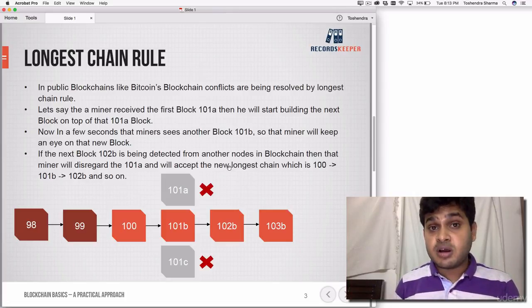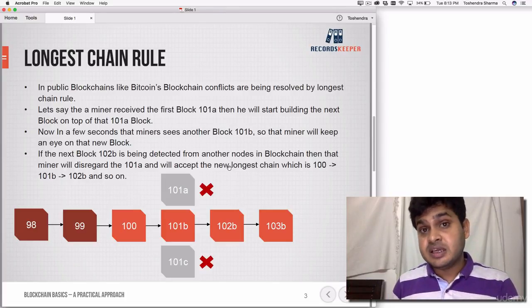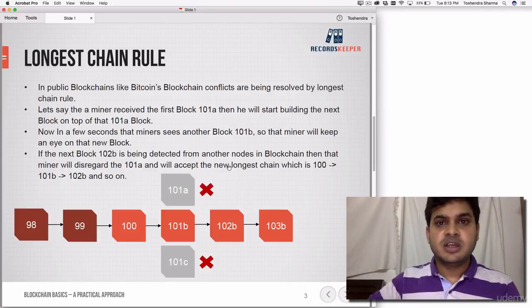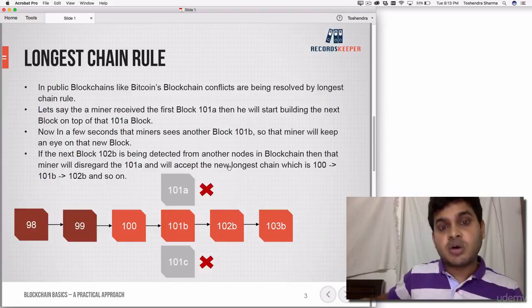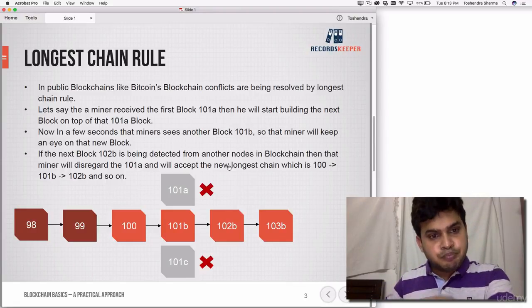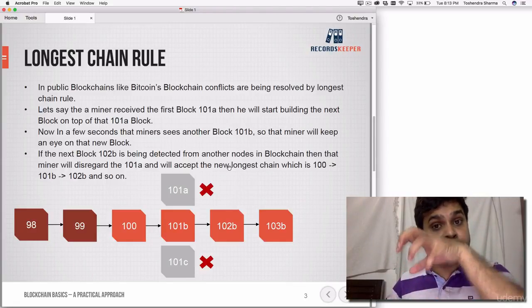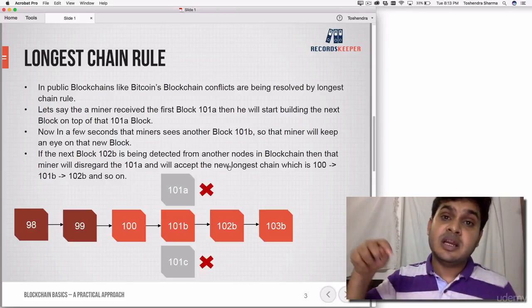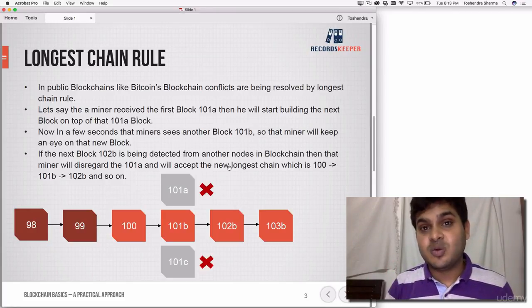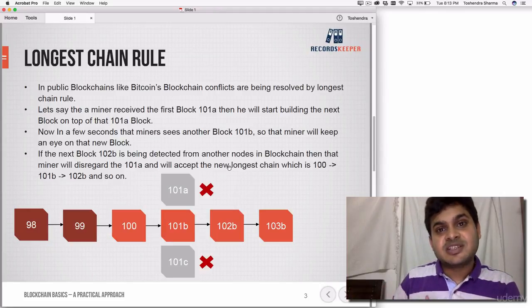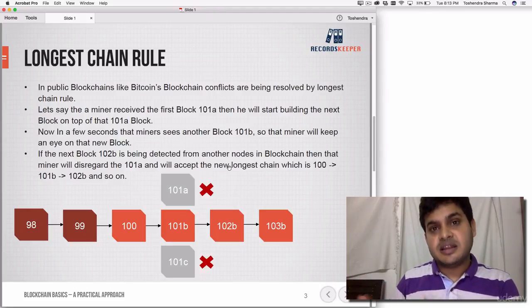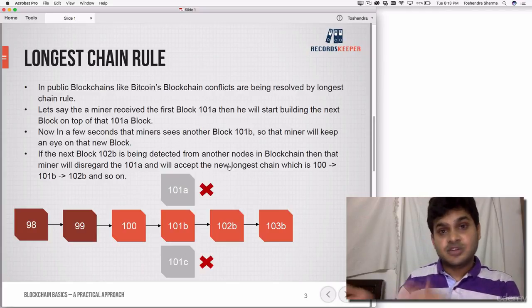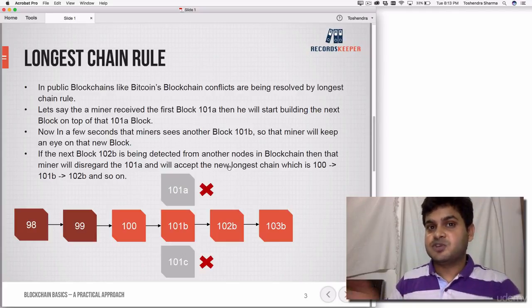If the next block, 102B, is identified by someone in the network and announced, then that miner will throw out 101A and pick up 101B, and try to add a new block on top of 101B, not 101A, because the longest chain has to be followed. Someone has already built on the other branch, which means your branch is invalid and you should follow that branch.